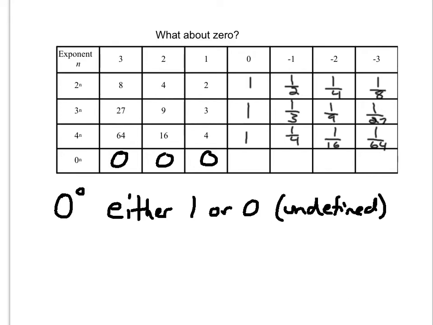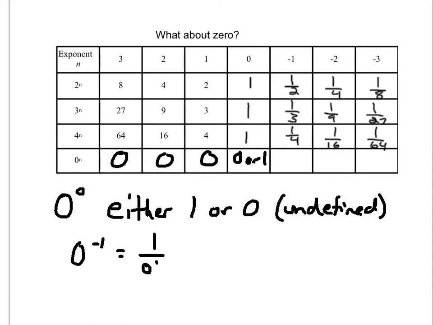Okay? And it depends on, different mathematicians will tell you different things. Some of them will say it's 1, some of them will say it's 0. So, it can be 0 or 1, depending. Now remember our definition of a negative exponent. That's where we're going to take the number and find its reciprocal. So 0 to the negative first power, by definition, should be 1 over 0 to the 1.